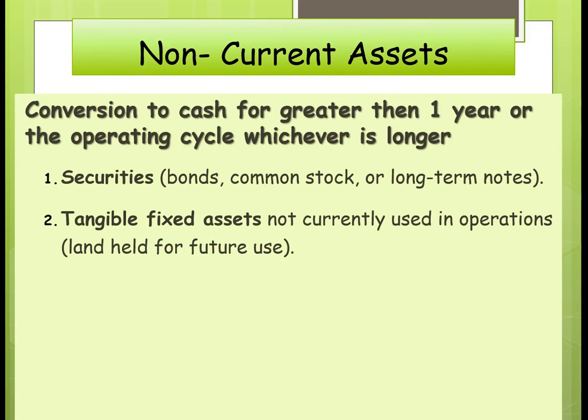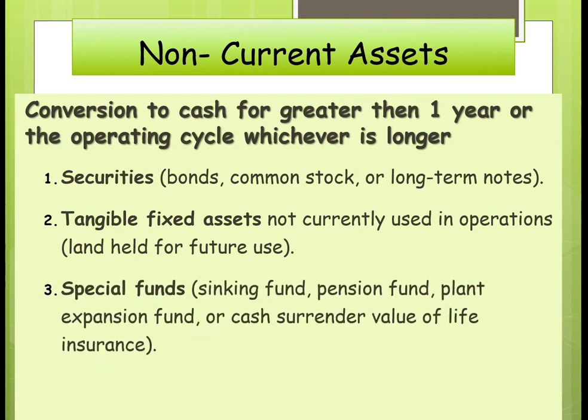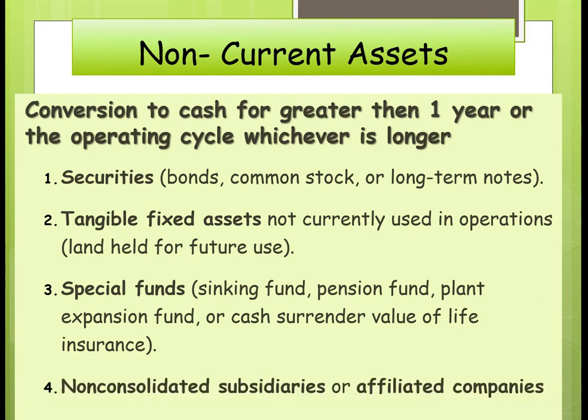Tangible fixed assets not currently used in operations, such as land held for future use. These we would consider investments under the category called investments. Special funds, sinking funds, pension funds, plant expansion, or cash surrender value of life insurance. And the last would be non-consolidated subsidiary or affiliated companies. You learn about these when you take advanced accounting.